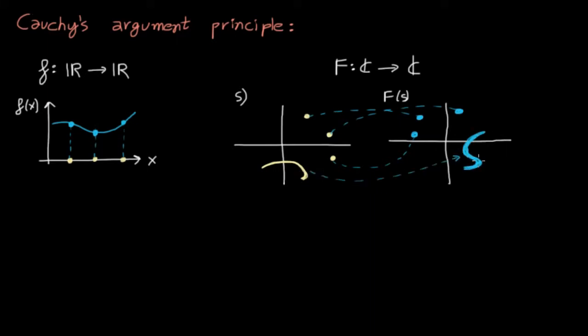What is interesting here is that the particular shape of the image trajectory depends both on the function f of s and on the trajectory that has been passed to the function. And a key feature of this dependence is described by the Cauchy's argument principle.